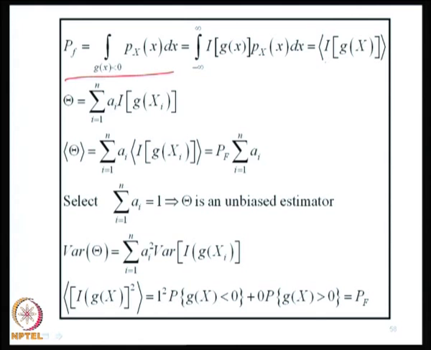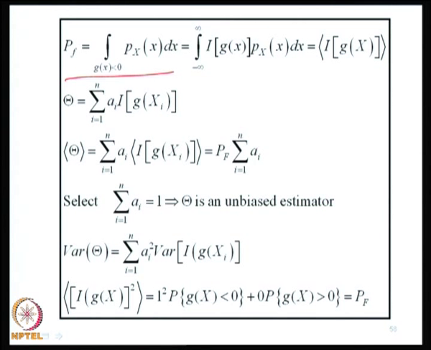Now my problem is to estimate this using samples of x. Let theta be the estimator, the sum over i running from 1 to n of a_i I of g of x_i. Now, the mean value of theta is the sum over i from 1 to n of a_i times the expected value of this, which is known to be Pf, so it is Pf times the sum of a_i from i equal to 1 to n.